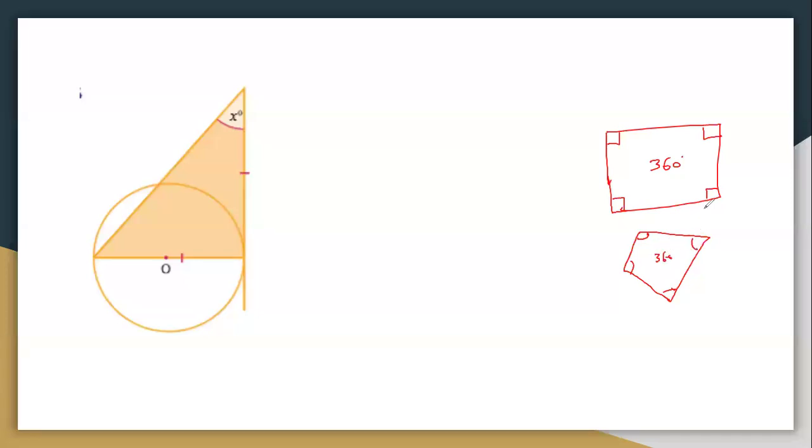The figure we had was also four-sided and you had three angles already, so when you add the three angles and the unknown, you must get 360. I now get your point. Thank you, sir.